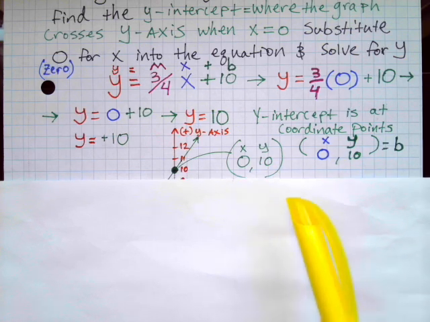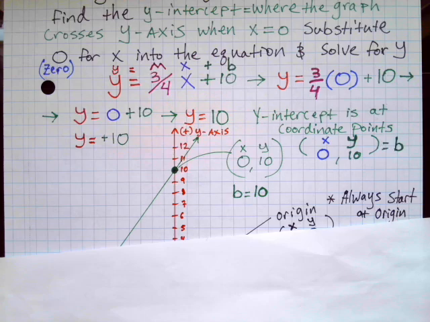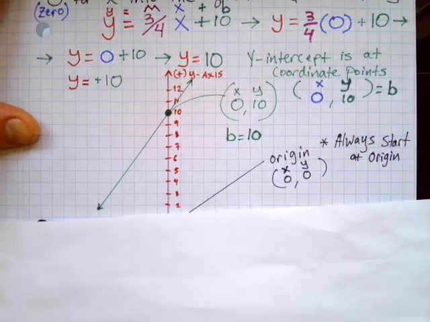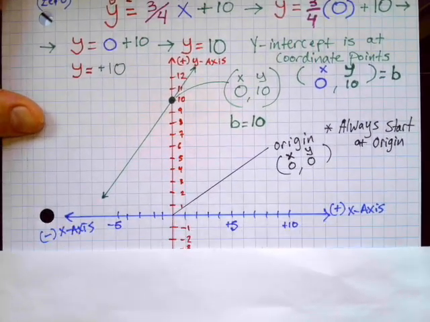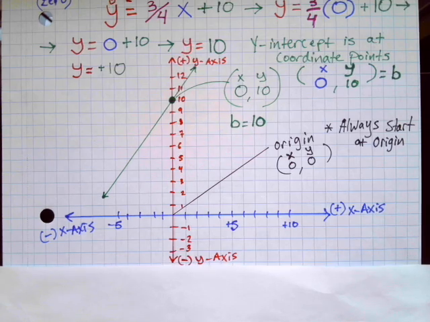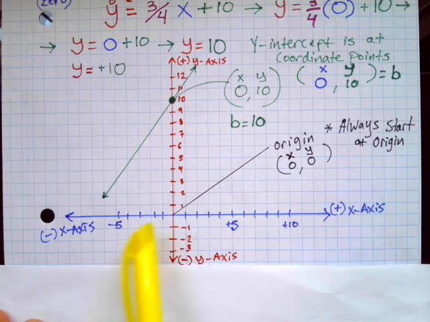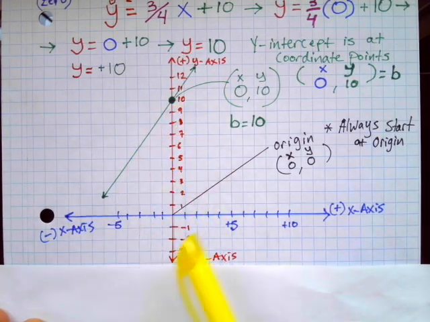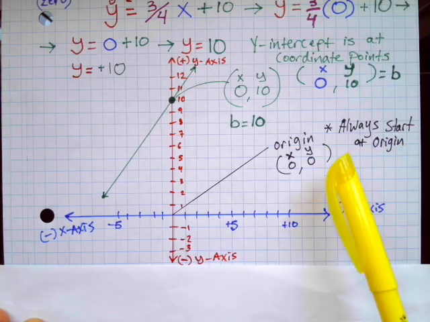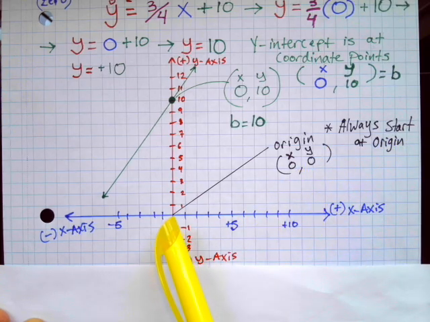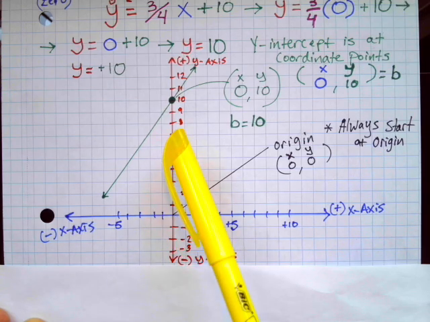Or let's take a look on the graph here. We have an x and y axis. I've graphed it. You always want to start at the origin, 0, 0. So I'll start here. I'm going 0 for x. Remember, our y-intercept is always going to be 0 for x. And then the y value is 10. So I'll go up to 10.